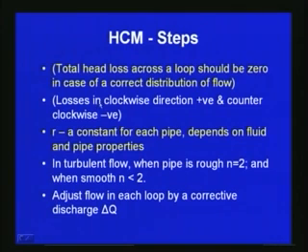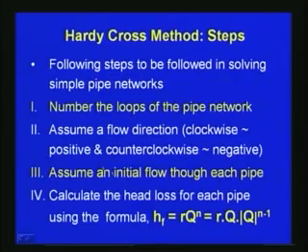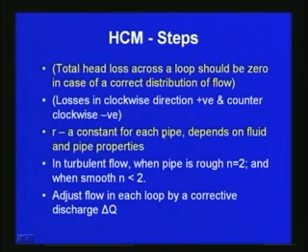The losses in the clockwise direction are positive and counterclockwise we consider negative. In hf = R q^n, R is a constant for each pipe which depends upon the fluid and pipe properties, so we can either find it out or it will be given for the given network.